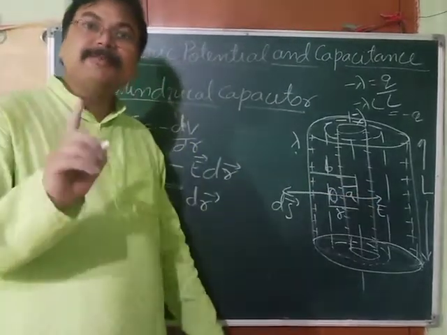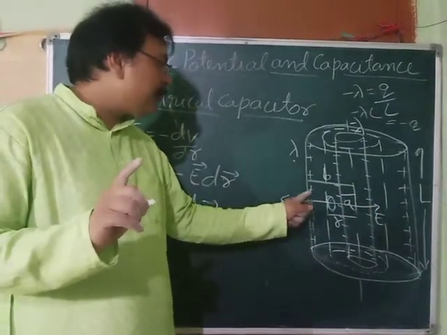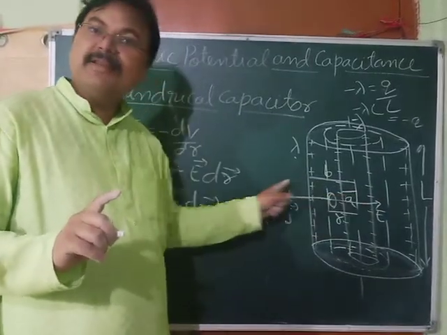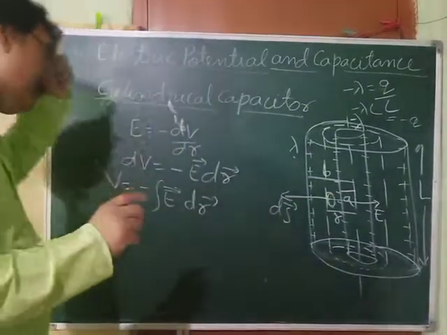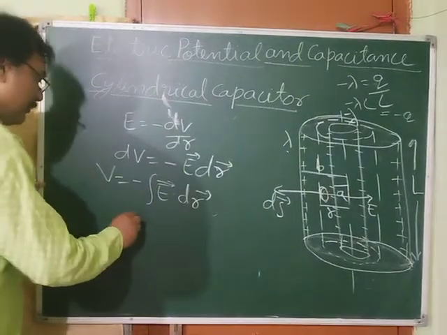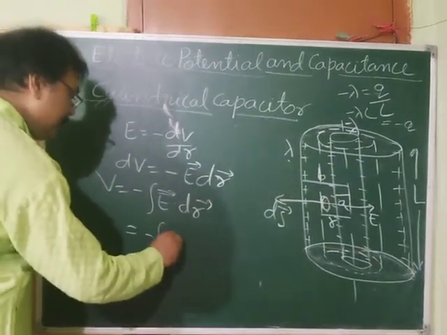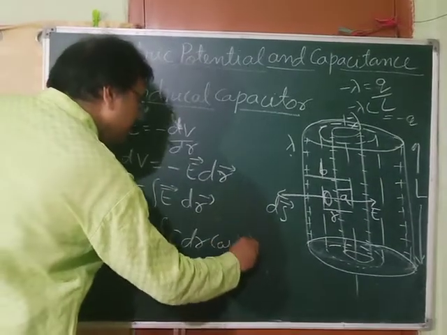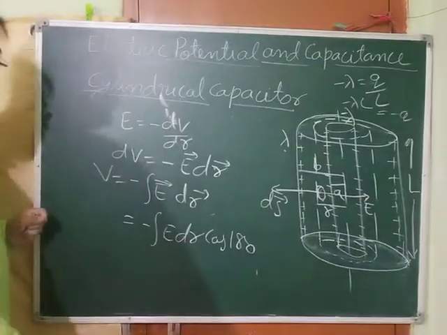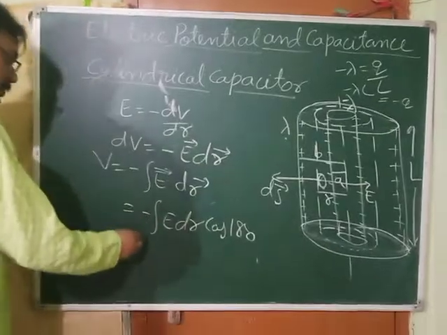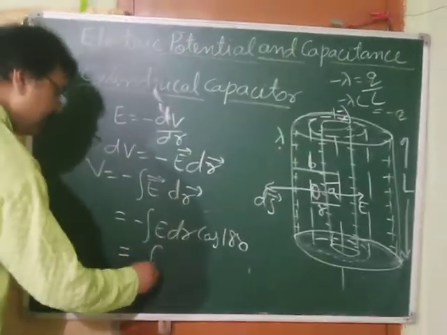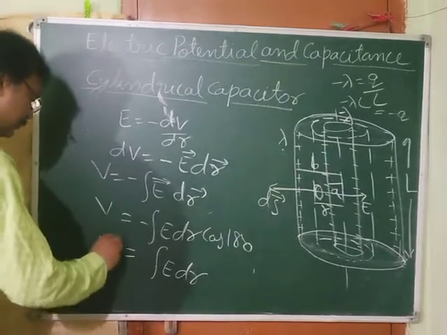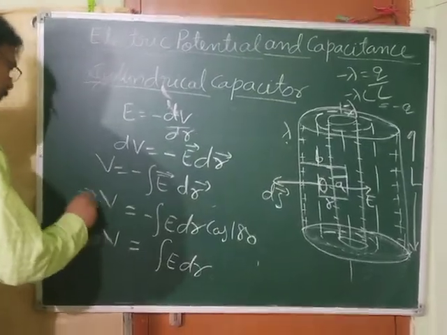So both are in opposite directions, because electric field is from positive charge to negative charge, so inward. Radius always starts from center and goes out. So we can write E dr cos 180. Cos 180 is how much? Minus 1. That minus 1 into this minus will become positive, so we will have integration E dr. That is the expression for potential we have got.